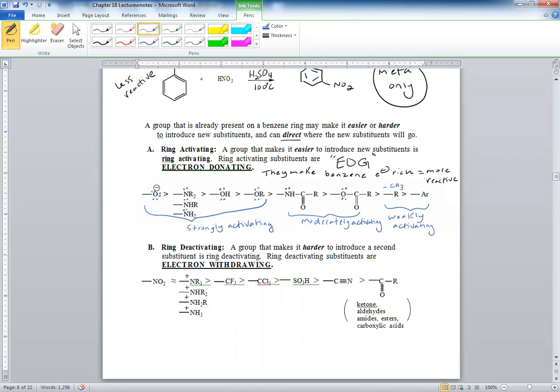It turns out that having one of these on your benzene ring will increase the rate of your reaction compared to benzene, where you have just an H attached. So they're all better than having no substituent.